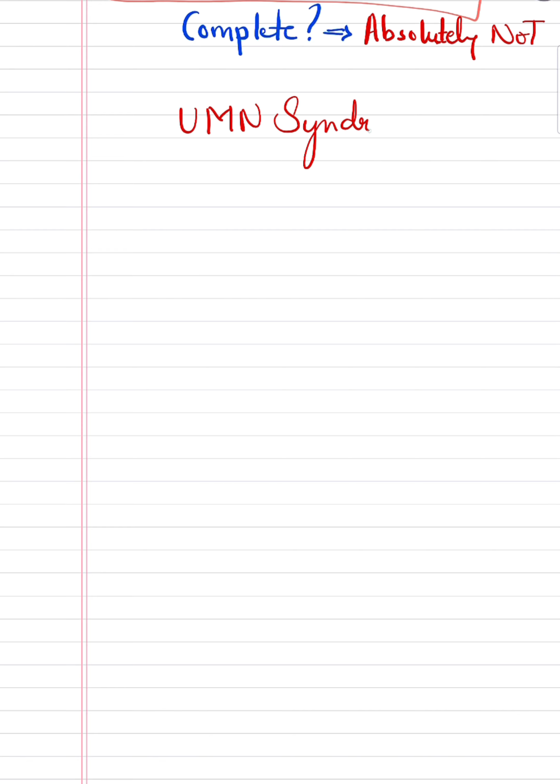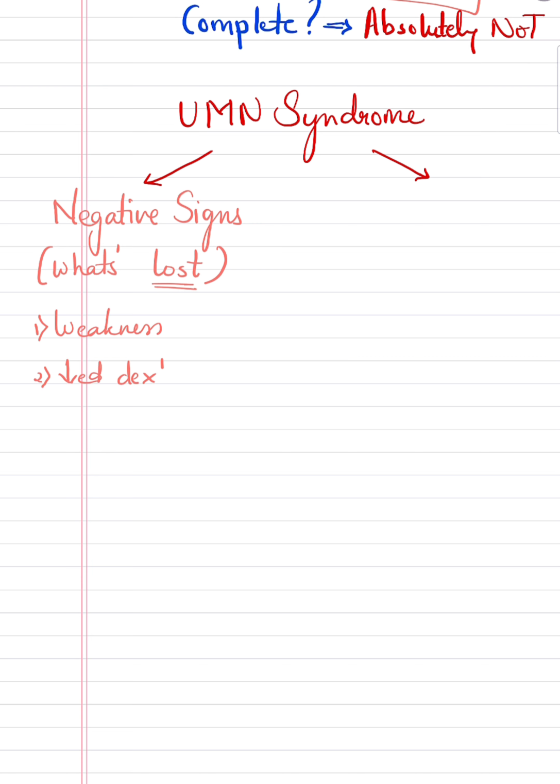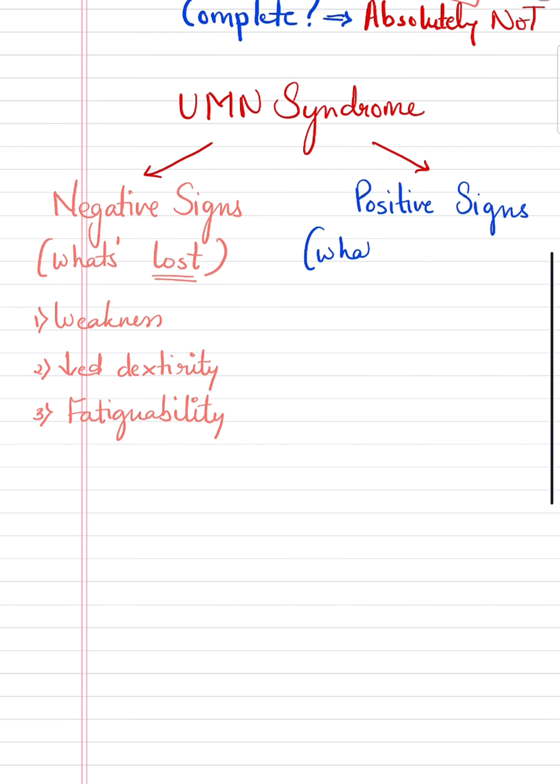Upper motor neuron syndrome has two different types of signs. The first is known as negative signs, where something is lost from a pre-injury state. It could be weakness, it could be decrease in dexterity, fatigability, or other things. The second set of signs are called the positive signs. Now, this is where something is excessive or abnormally present.